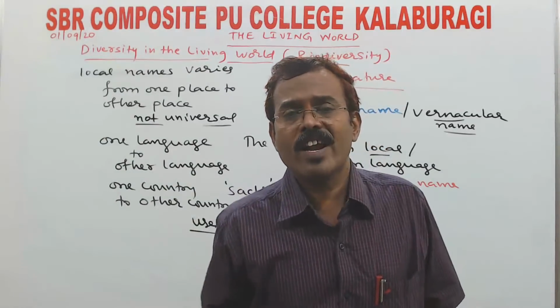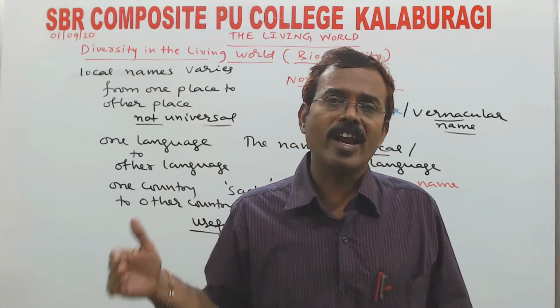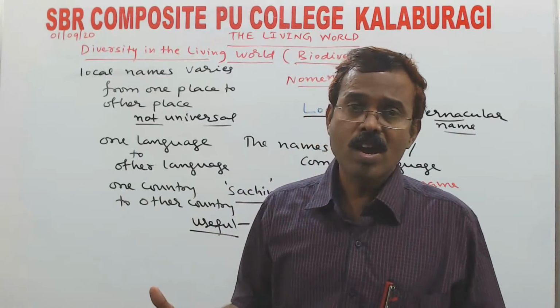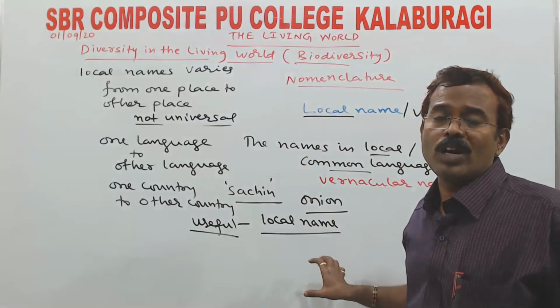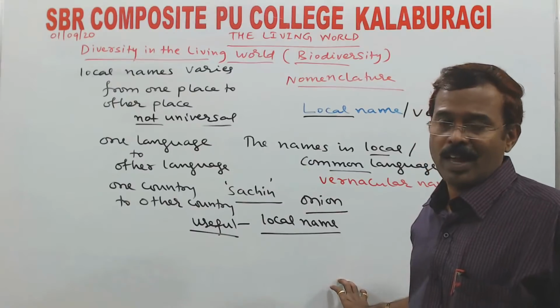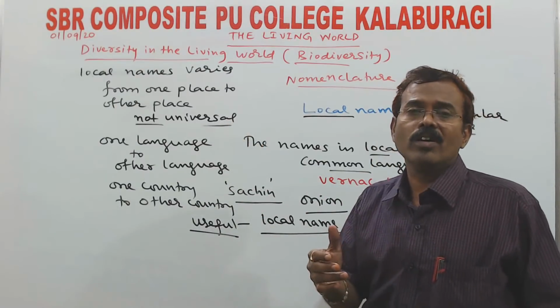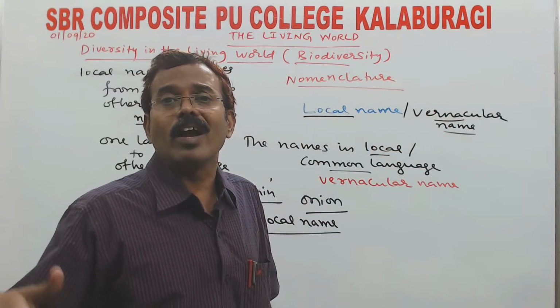For better understanding of the living species of plants and animals, when we study biology, botany and zoology, giving the scientific name is very essential. Otherwise, it will create confusion to us, and these names are not universal. Names of a plant or animal vary from one country to another.